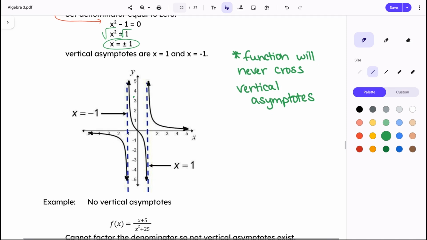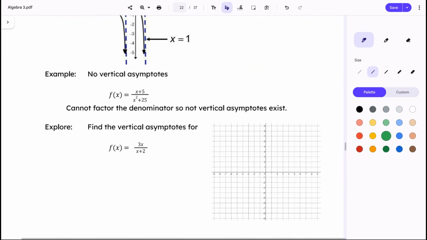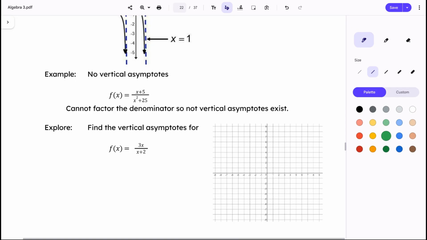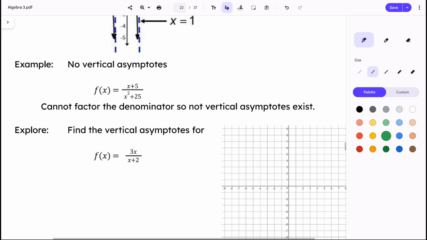But in that other case that we saw on the previous page, there may not always be asymptotes. They may not have any real effect on the problem because they're not real numbers. So like this one here, when we did this on the other side and we solved that, we got x equals plus or minus 5i. That's what we just did on the bottom of that page before this one. And so those are imaginary numbers. They're not real.